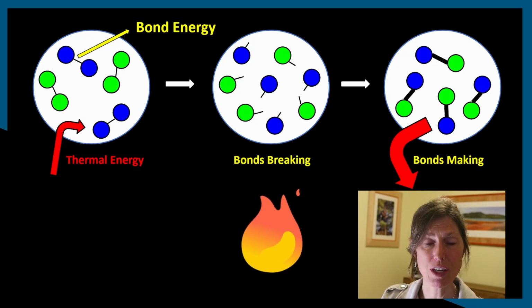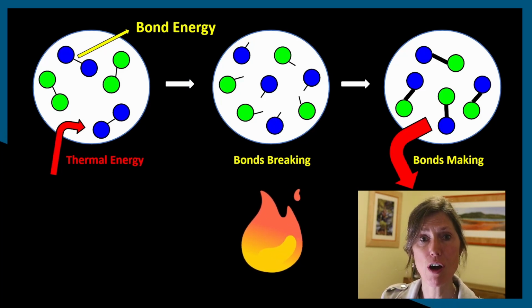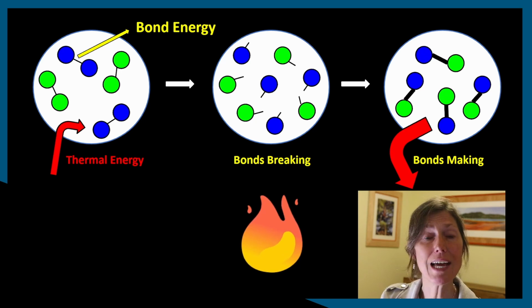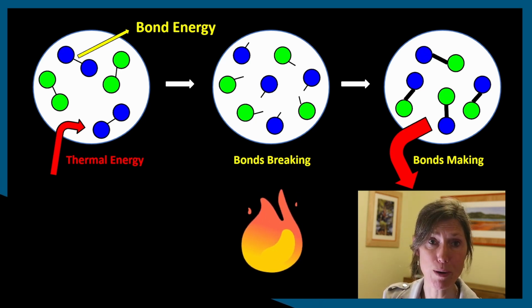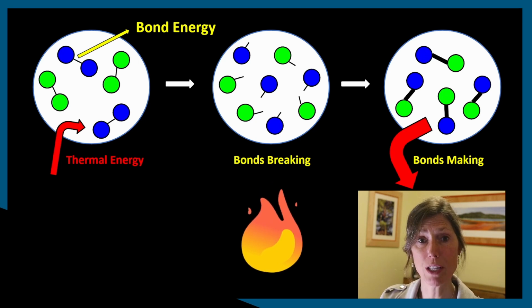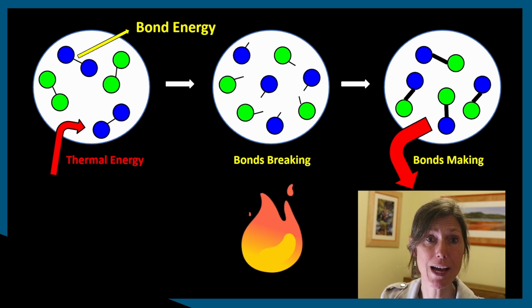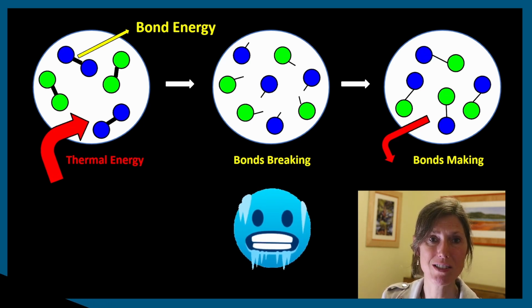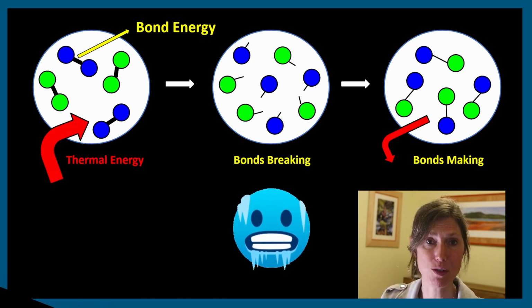And to show this in a more general way, if we start off with a very simple set of molecules, diatomic molecules in this case, if it takes less energy to break the original bonds and more energy is released when new bonds are formed, that means it's an exothermic reaction. Alternatively, if it takes more energy to break the original bonds than is released when new bonds are formed, an endothermic reaction takes place, and the environment feels colder.